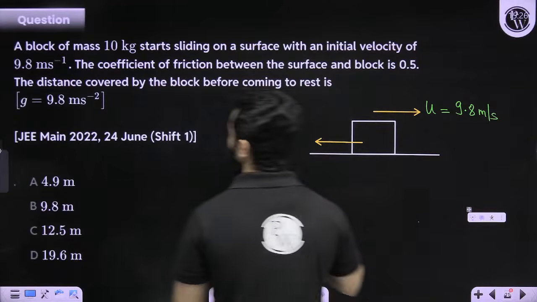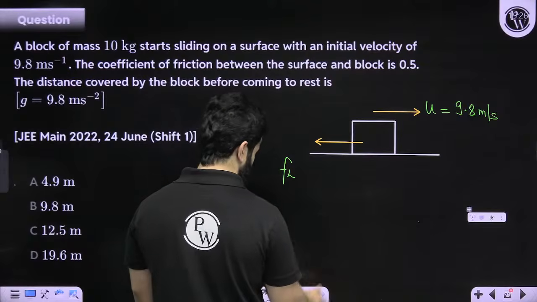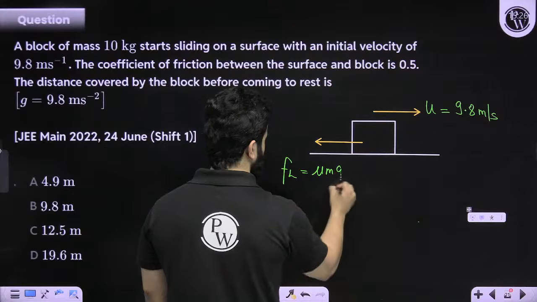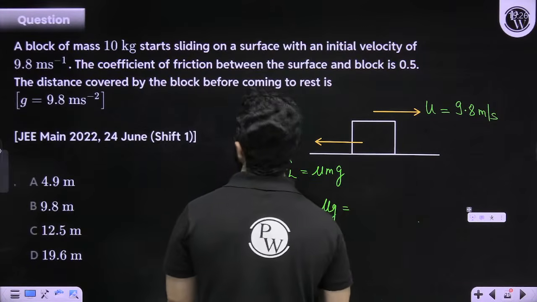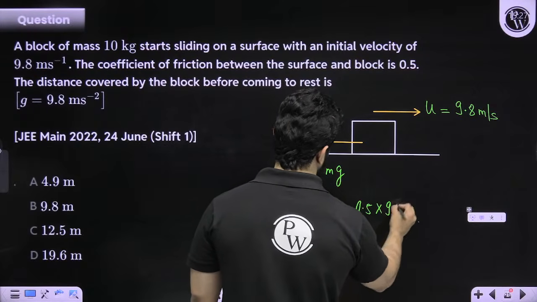Friction force is mu m g, so acceleration due to this will be simply mu g. So mu is 0.5 and g is 9.8.